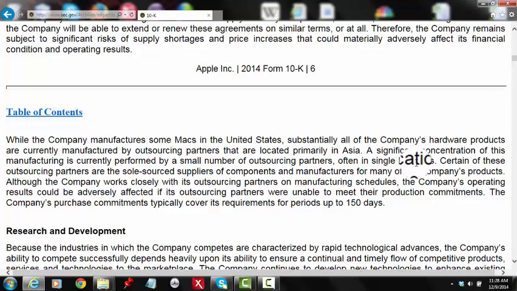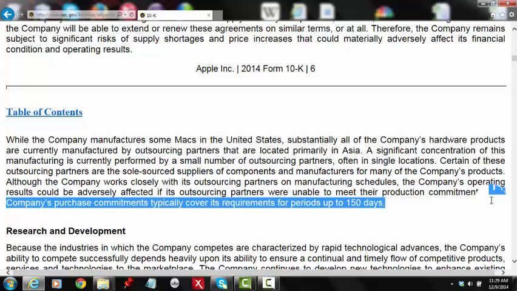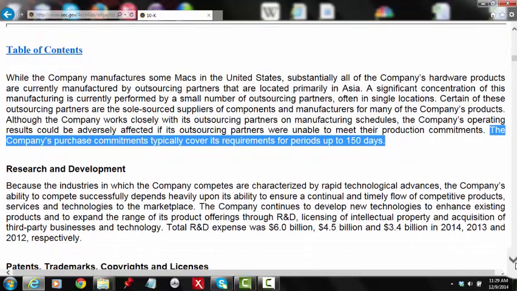And it says that the company's purchase commitments typically cover its requirements for 150 days. So, they always have products that they can sustain for about 5 months, you can say.